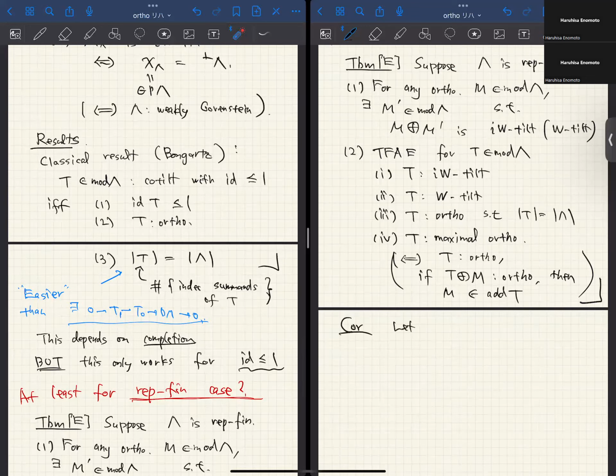So let lambda be representation finite. My result can be applied to the study of orthogonal modules over such an algebra. The first statement says that if a lambda module M is orthogonal, then the number of indecomposable summands is bounded by the rank of the algebra.